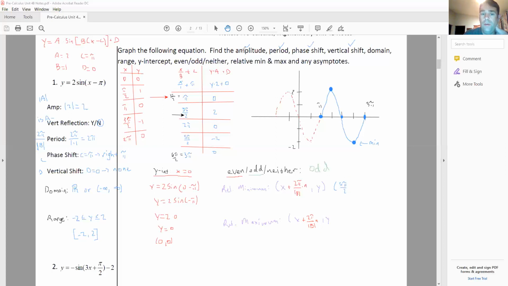And my period was 2 pi. So I'm going to add 2 pi n to it, because that tells me that it can go on and on forever. 2 pi n, comma, whatever that would be, -2. And this over here, my relative max, that's going to be this guy.